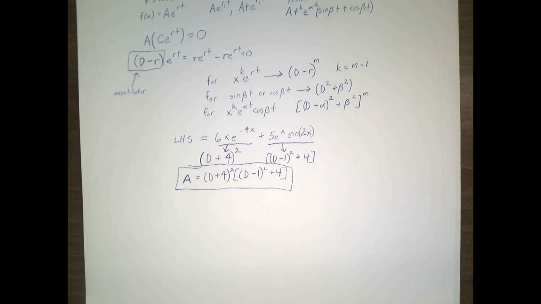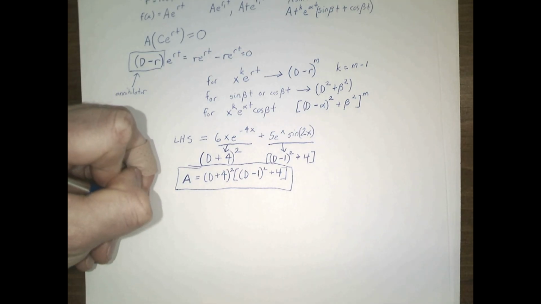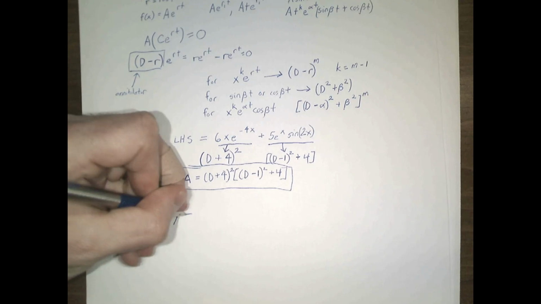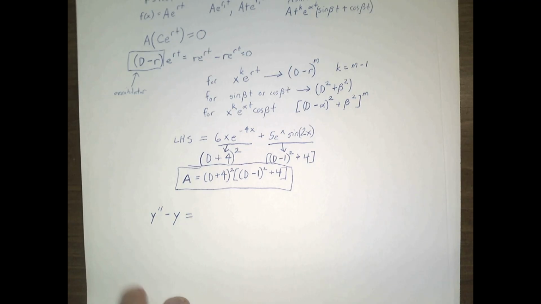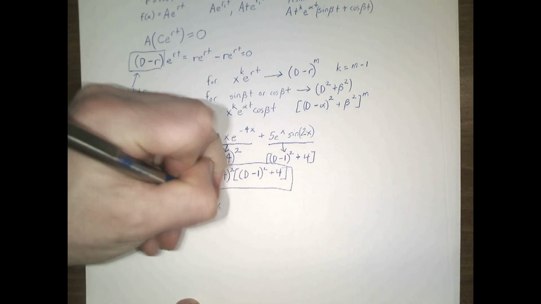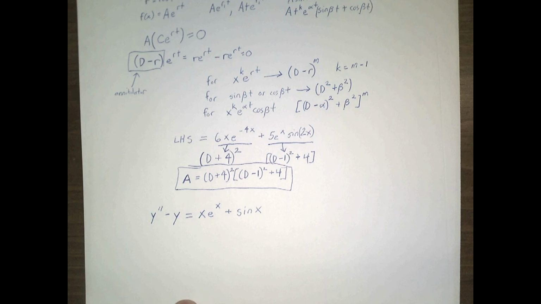So this will work for things like 3rd, 4th, 5th order if you were so brave and daring. We're going to do 2 for now because we don't have that much time. So we're going to look at the simple equation, y double prime minus y equals x times e to the x plus sine x.